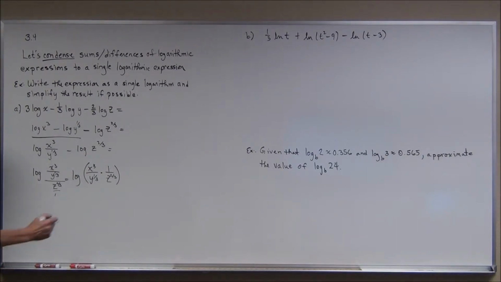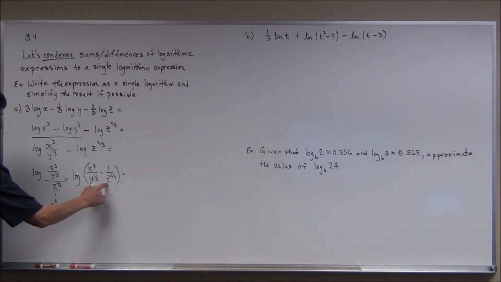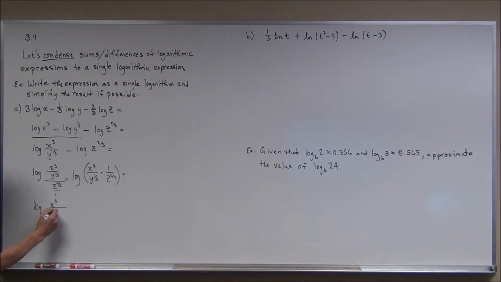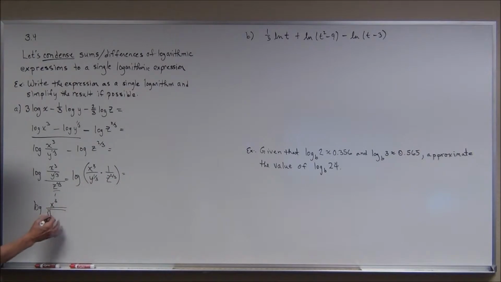I'm going to write this as the log of x to the third on top, and on the bottom I have y to the 1/3, z to the 1/3, that's a cube root, that's a cube root. I'm going to write this as the cube root of the product, which would be y times z squared, because this is to the 2/3.